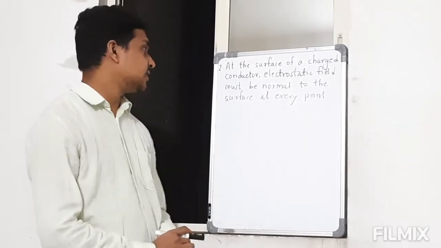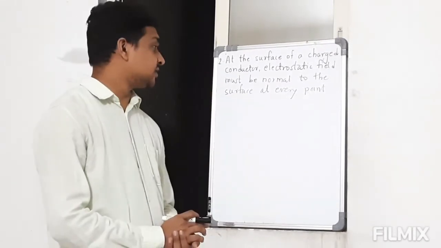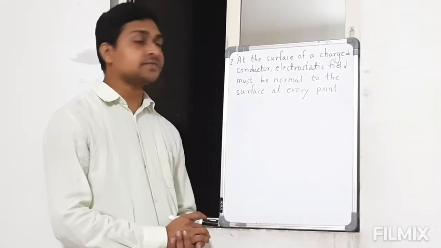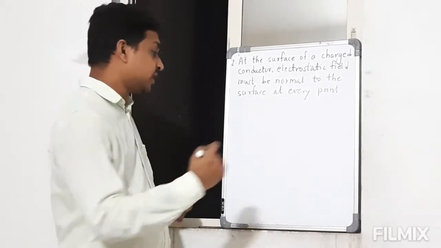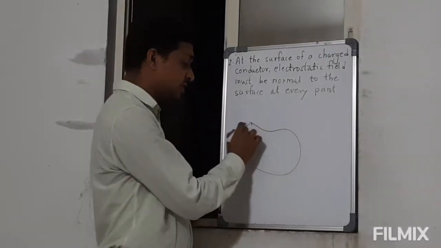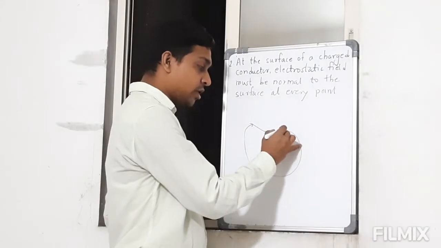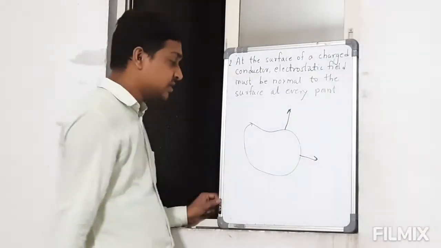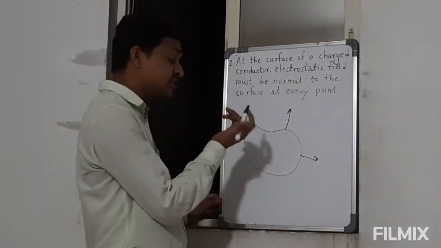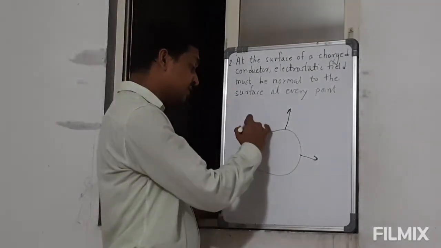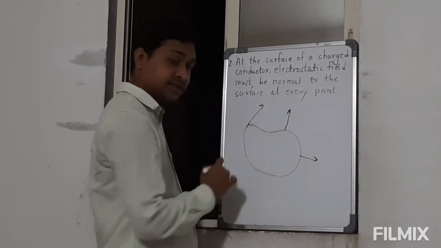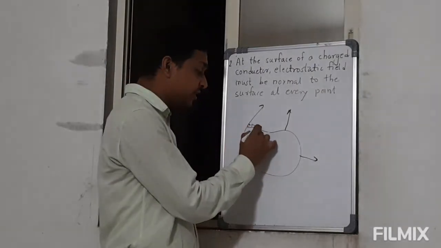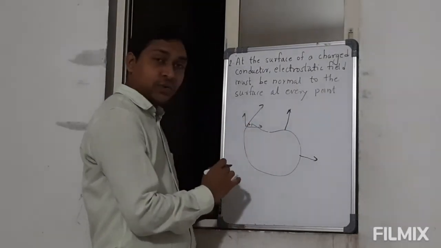Second property: at the surface of a charged conductor, the electrostatic field must be normal to the surface at every point. Whenever we have a charged conductor like this, the electric field must be normal, outward from every point. If it is not normal, suppose it is making some angle with the surface, then you need to take the component of that field.